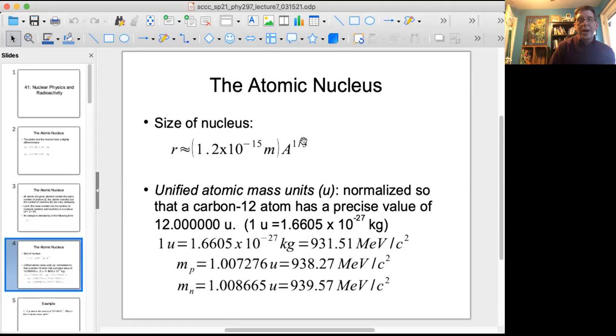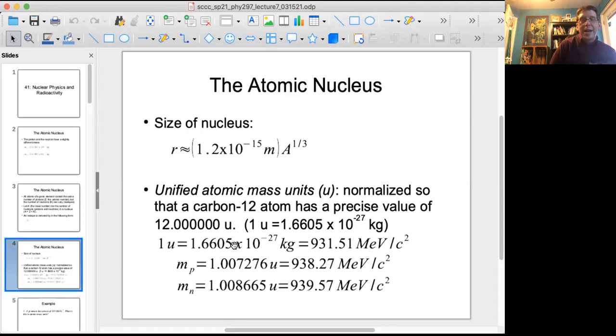One mass unit is also equivalent to 931.51 mega electron volts per c squared. So you take the 931.51 mega electron volts, you convert that to joules, you divide it by c squared, and you get the 1.6605 times 10 to the negative 27 kilograms.